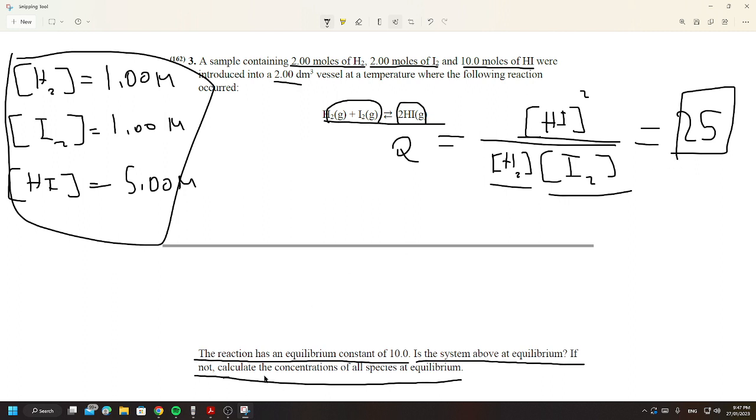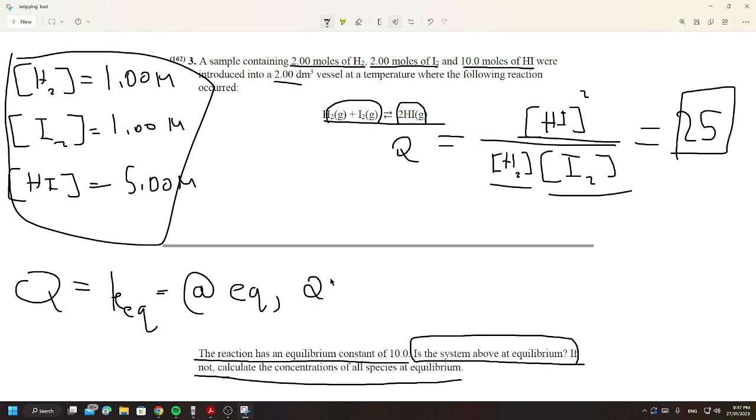We want to figure out if the system is at equilibrium. So we're going to apply some rules. I'm just going to find the rules in my copybook since I don't have them memorized. Right, so if Q is equal to K equilibrium, then it's at equilibrium.